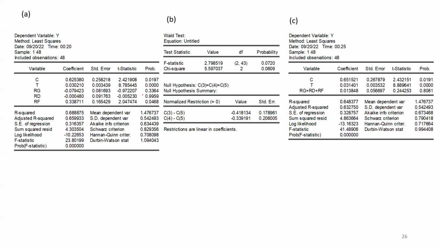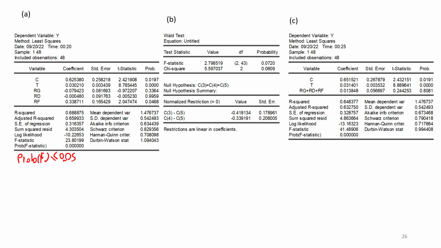So first, they would like you to comment on printout A. Okay, so you must say, okay, since log F is less than 0.05. Okay, if you write in the exam, you may write in full, right?